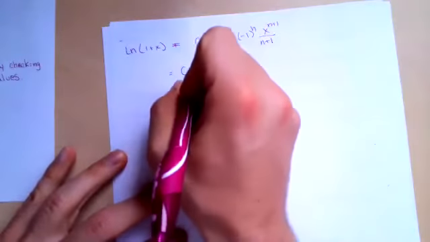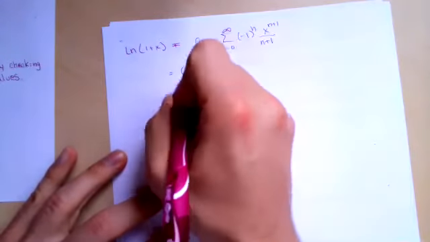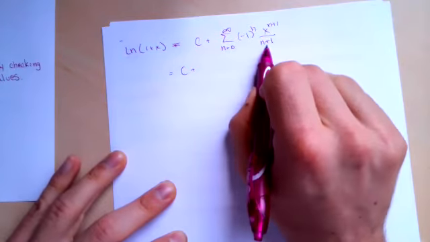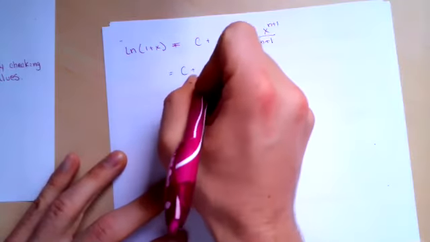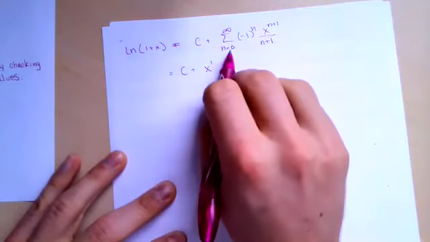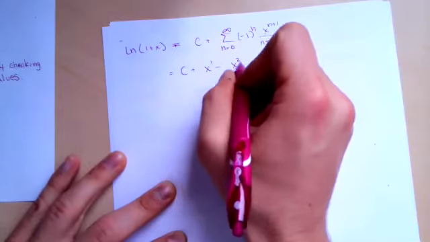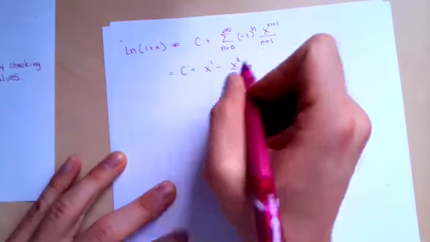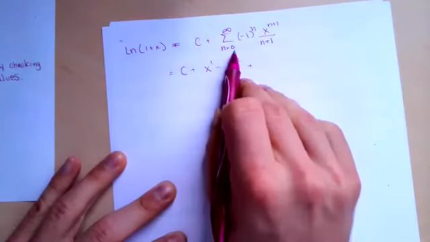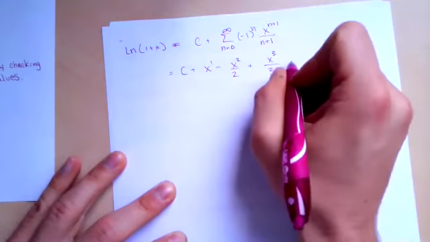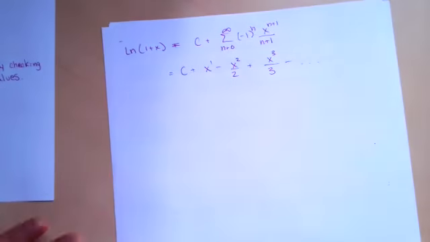So what's this going to look like? It's going to be c plus, when n equals 0, I'll have x to the 1 over 1. When n equals 1, we'll have a negative x squared over 2. Next term, n equals 2, will give me x cubed over 3. And it'll keep alternating.